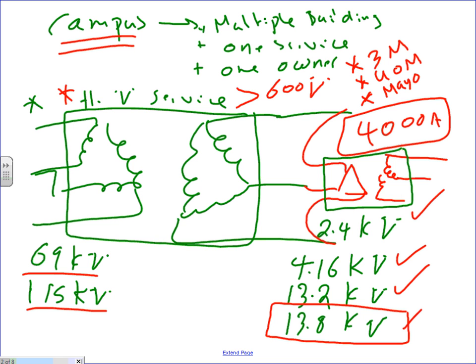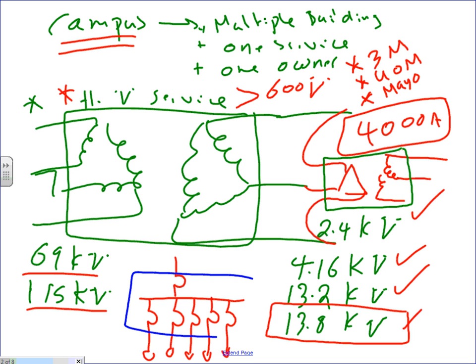So 1, 2, 3, 4, 5 feeders going to different buildings. That's how it would probably look, all these inside a switchgear, with a circuit breaker or fuse switchgear, and the switchgear is 13.8 kilovolt, 2000 amp. Let's just say 2000 amp.